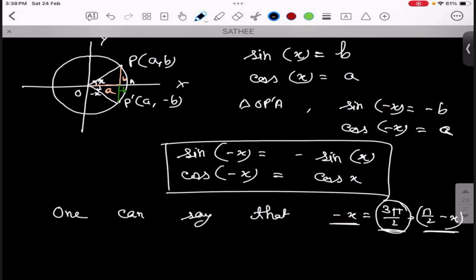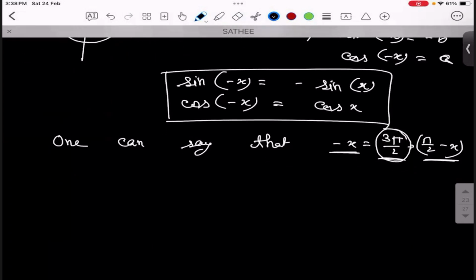Why is it the fourth quadrant? Whenever one has to arrive at this minus x angle, he has to first cover, in the positive anti-clockwise direction, the 3 pi by 2 distance. After that he arrives at a point, and then has to go again pi by 2 minus x distance. Then he can arrive at the minus x point.